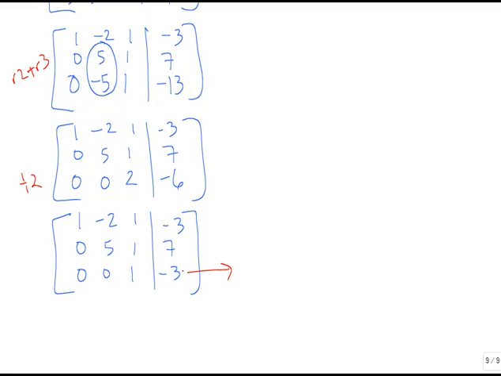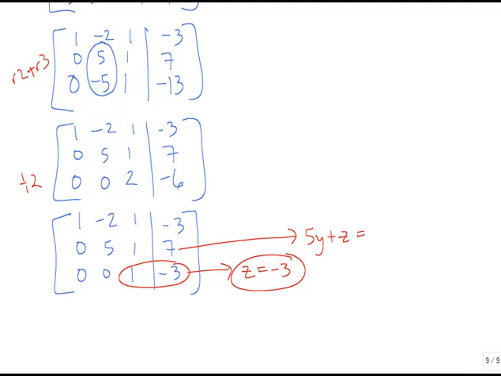This bottom row, because I was able to get that 1, tells me z right away. Z is negative 3. If I back up one step, I get 5y plus z equals 7. So 5y minus 3 equals 7. Add 3. 5y equals 10. So y equals 2.